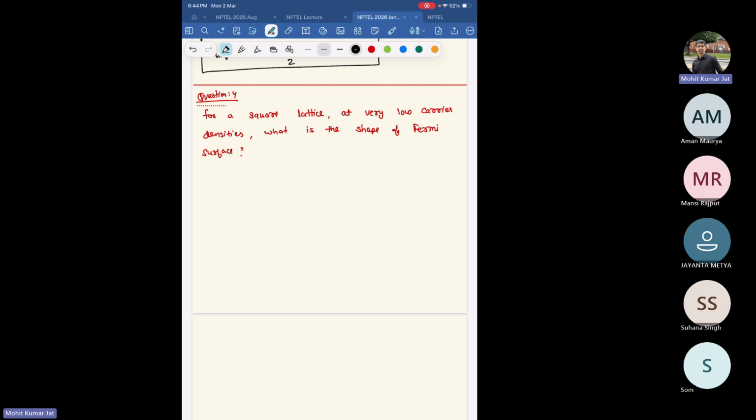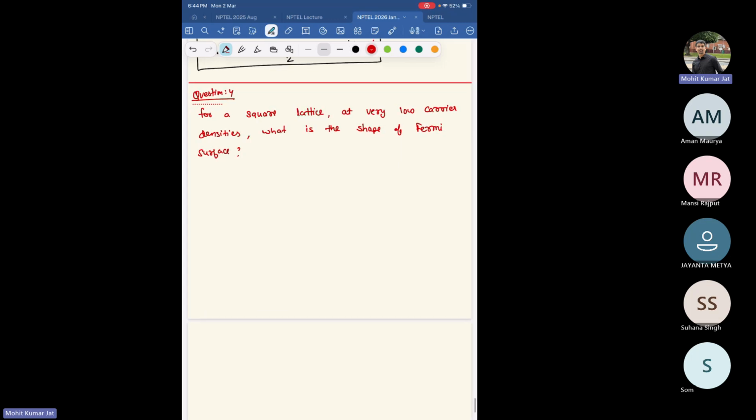The energy expression from the tight binding model for a two-dimensional square lattice goes as E naught minus 2t times cosine kxa plus cosine kya.